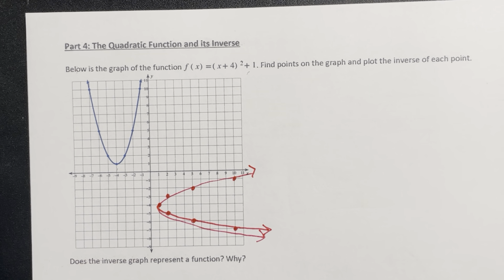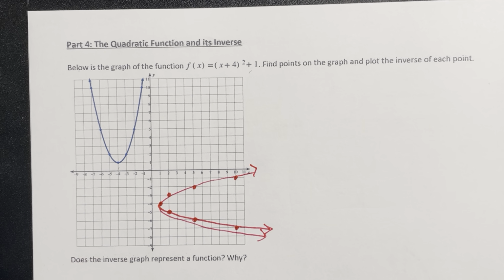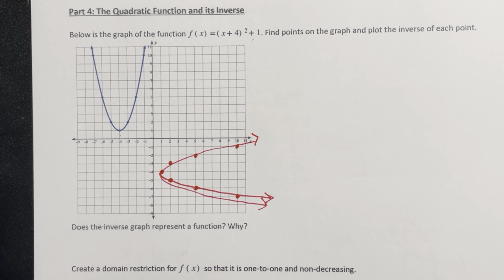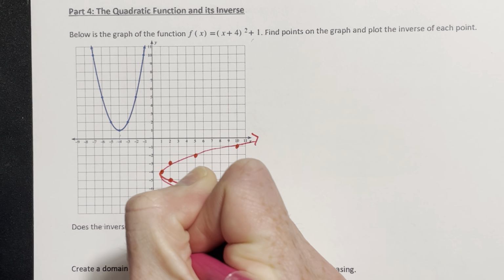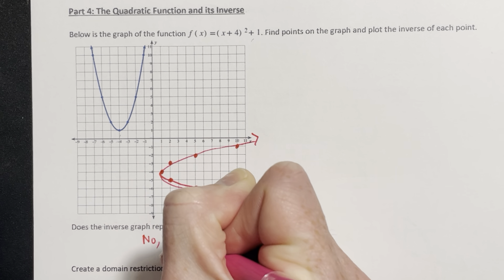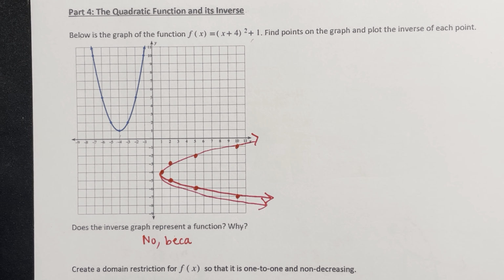So when we think about that inverse graph, it is a sideways parabola, but would that represent a function? No, it does not represent a function because it fails the vertical line test.